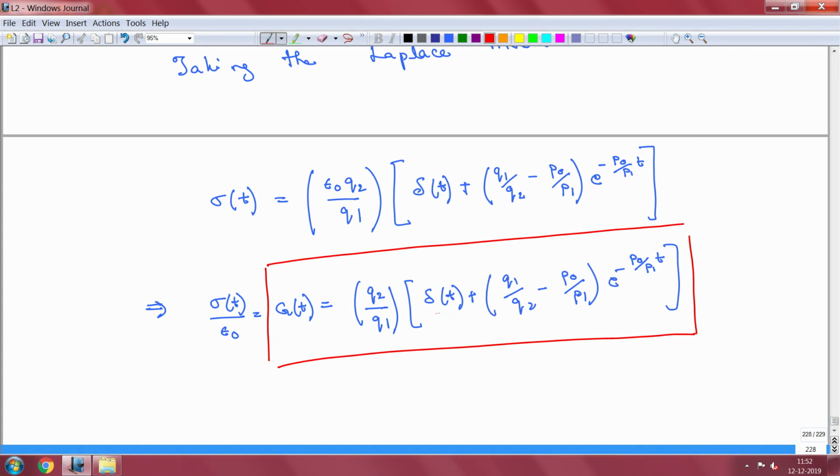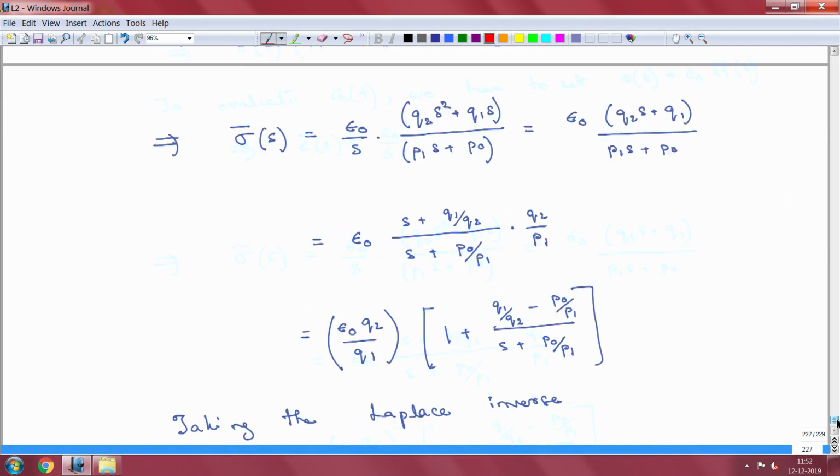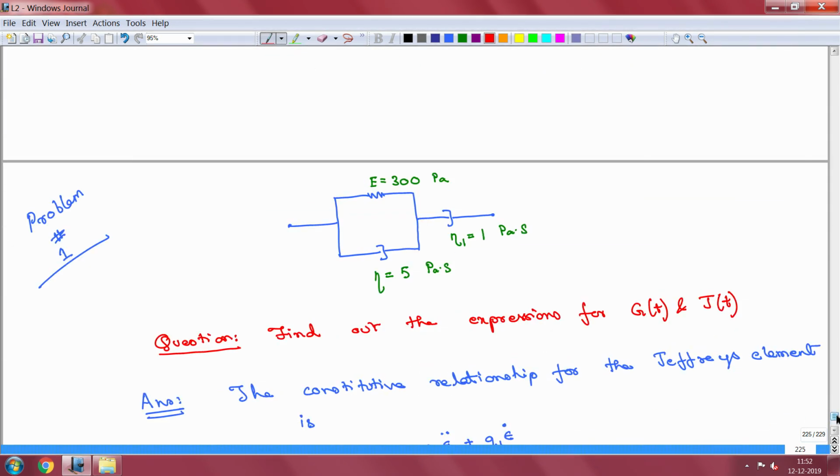One more thing, you see that this strange Dirac delta function is there, right, and what is the physical reason for that? The physical reason actually comes from the fact that this is a fluid element. Okay. So, when you have to give a step function, so if you give epsilon naught into h t, to get to that initial value of strain, you need a very high jump in stress, so that these dampeners can quickly, instantaneously go to a finite value of strain, and that is what actually causes this kind of a problem.